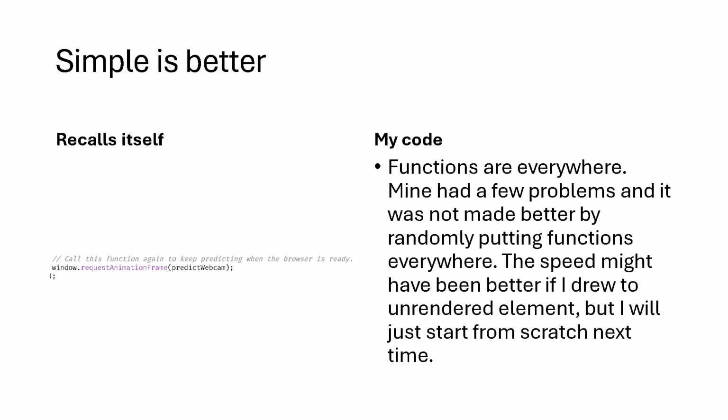And another element that I wanted to hit on was drawing in unrendered elements first, and then putting them in. I didn't think of that because with Canvas, it's really easy. Just draw to it and then it just draws. I don't think I'll be reusing my code. I think I will just start from scratch.